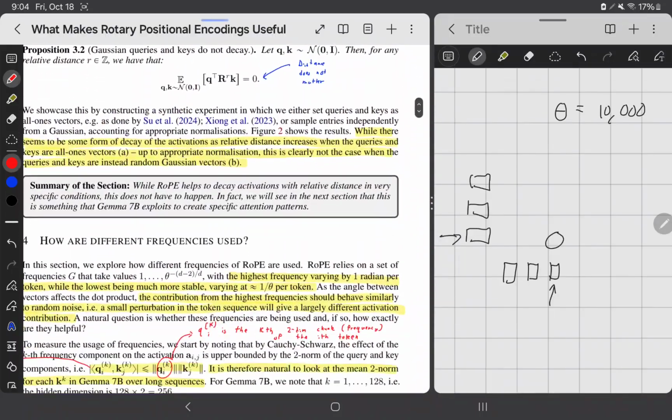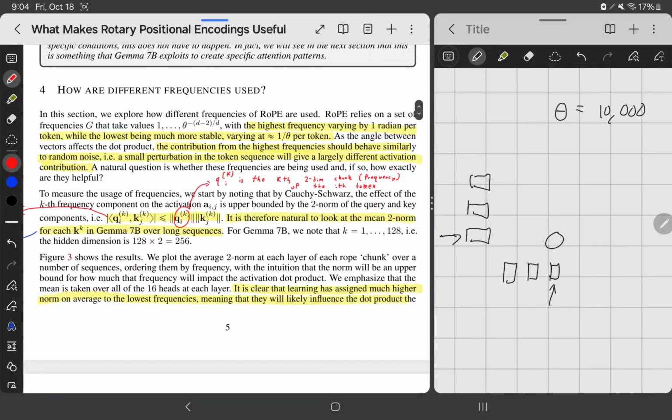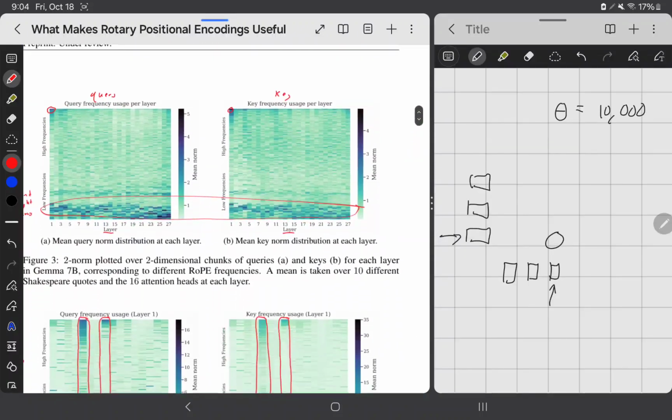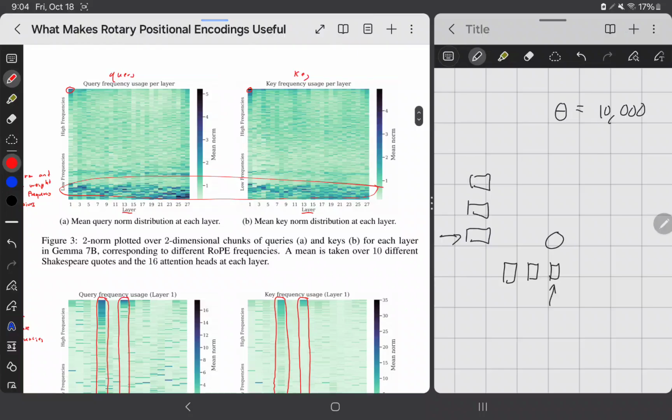That one's pretty simple. The next part is how are the different frequencies used? Getting more into what is going on here. They look at the mean distribution of the magnitudes over each layer.